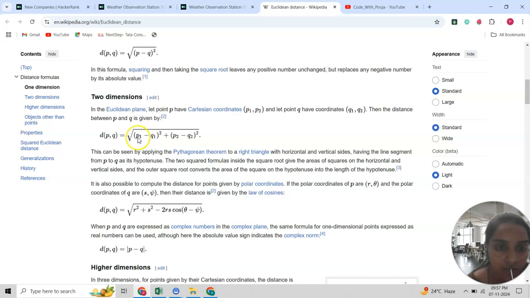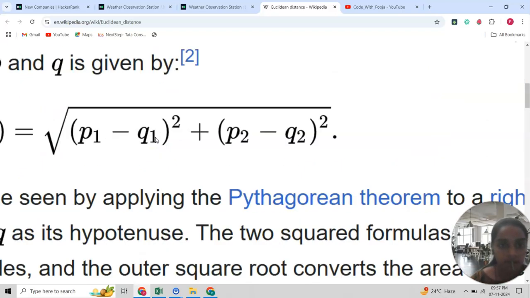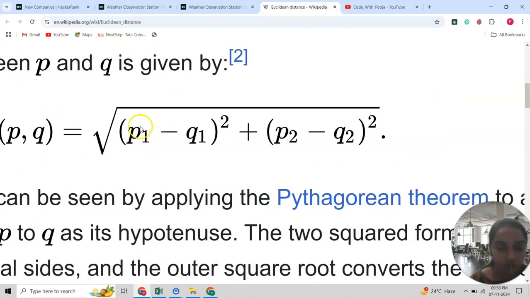Okay, so longitude max minus longitude min, and then the result will be squared, and the same for latitude, and then the sum, and then their square root.